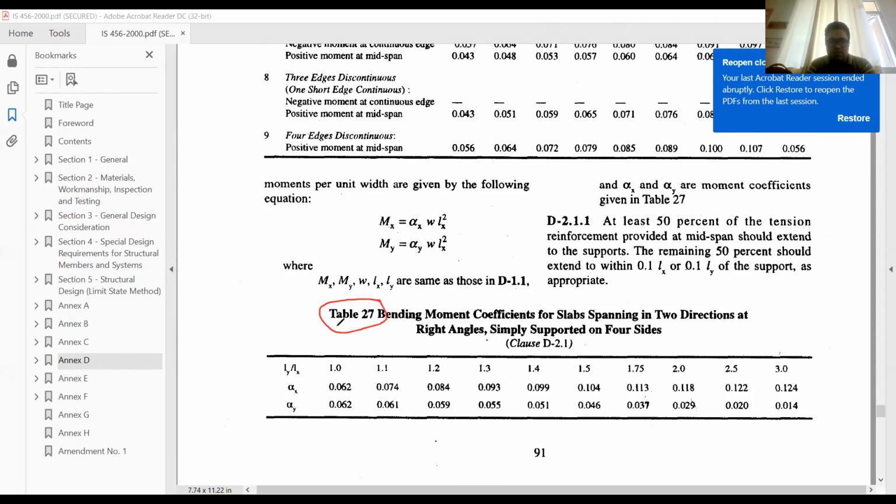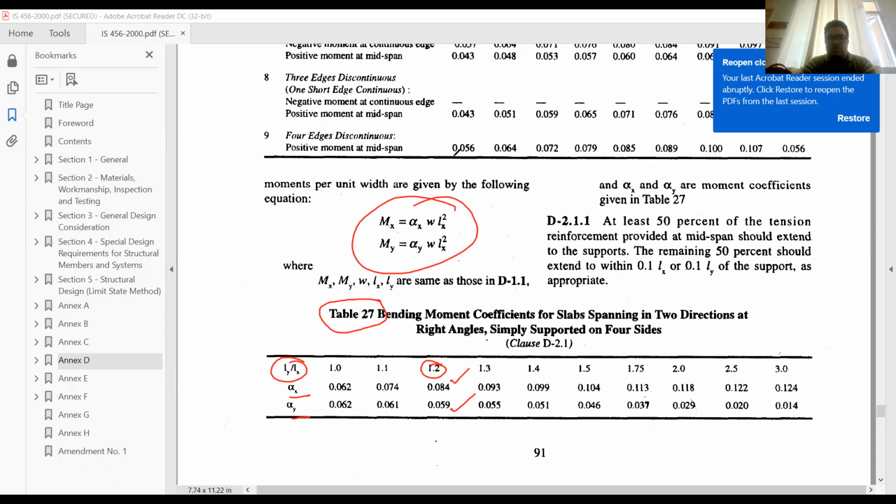This is the same table that we will be using to calculate the bending moment coefficients. They are dependent on the Ly by Lx ratio, so alpha x and alpha y. For example, if the value of Ly by Lx is 1.2, then the alpha x value is 0.084 and the alpha y value is 0.059. By using this formula, we can calculate the maximum bending moment along the shorter direction and along the longer direction in the two-way slab.